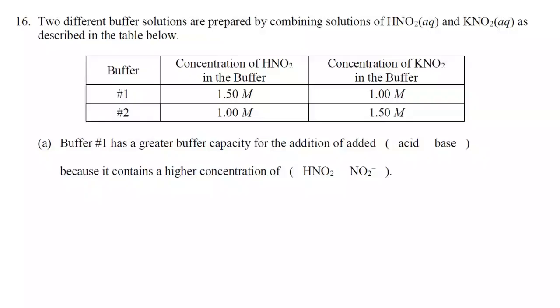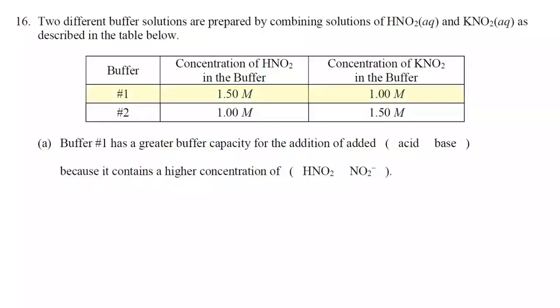So for buffer number 1, the concentration of nitrous acid is 1.50 molar, and the concentration of potassium nitrite is 1 molar. So we have a higher concentration of the acid as compared to the conjugate base. In buffer number 2, it's been flipped around. Now, the concentration of the NO2-, the conjugate base, is greater than the concentration of the weak acid, HNO2.